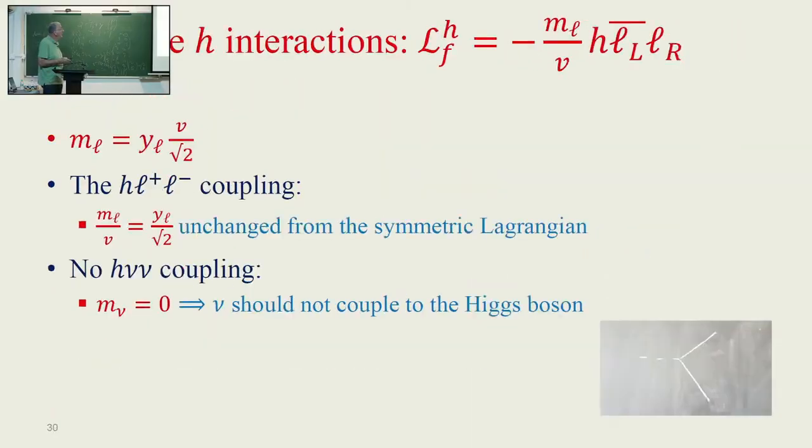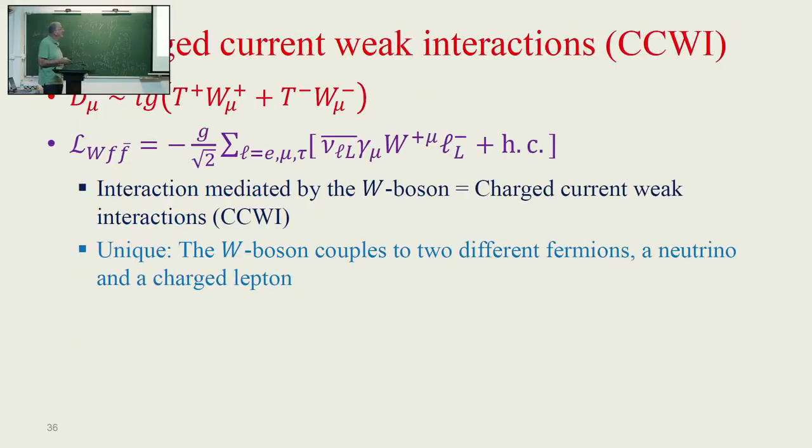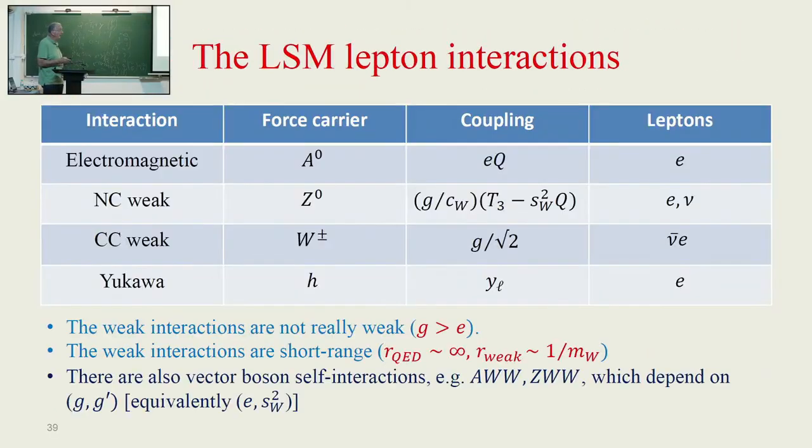Then we went on and investigated the interactions and got this list of interactions among the matter particles. 4 types of interactions: electromagnetic, Z-mediated, W-mediated, and Higgs-mediated. We got the way that the mediator couples to pairs of leptons, and which leptons experience each of these 4 types.